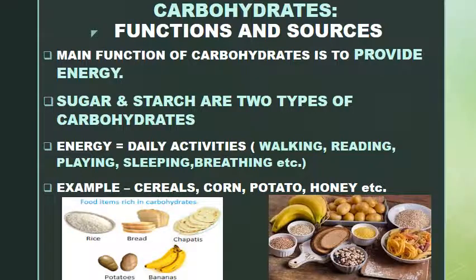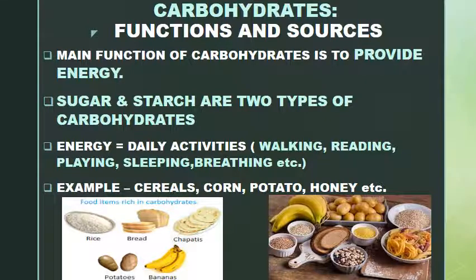Now let's study each of the nutrients separately. So first we will study carbohydrates. Carbohydrates provide us energy, and with this energy we perform our daily activities such as walking, reading, playing, sleeping, breathing, etc. So, for doing a lot of physical work, we need carbohydrates.